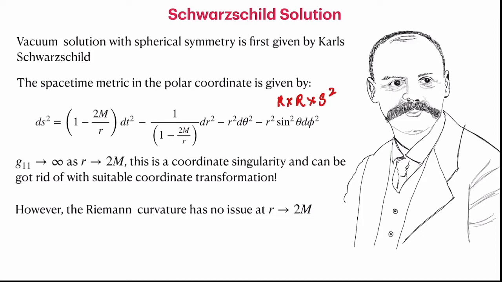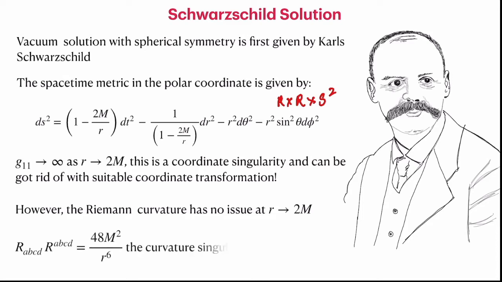It is simply the idea of a source-free solution, and so the Ricci scalar, or scalar curvature, goes to 0. So the only non-zero component is the Riemann curvature tensor, which doesn't go to 0 even if there is no source present, and that is a measure of our curvature.